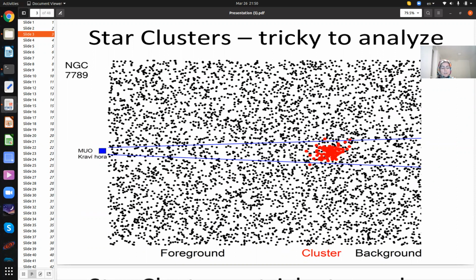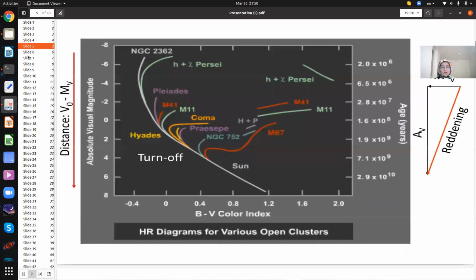In the galactic disk we have more stars, and in the galactic halo we have fewer stars. The turn-off point is a location where the star cluster members leave the main sequence, and we can directly correlate it with the age.